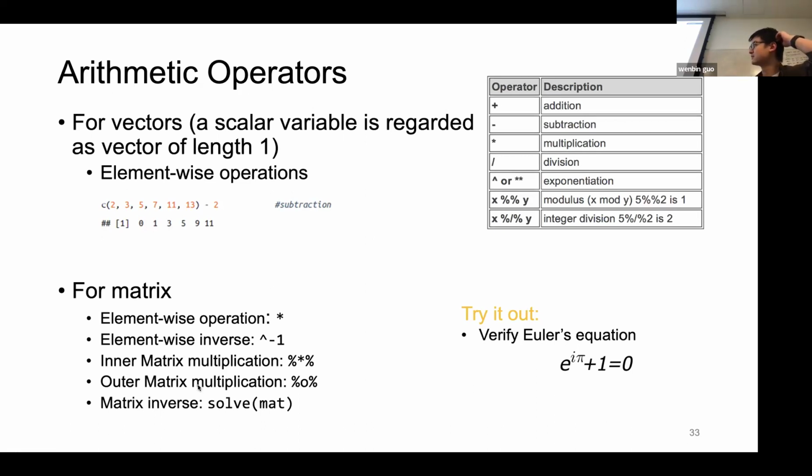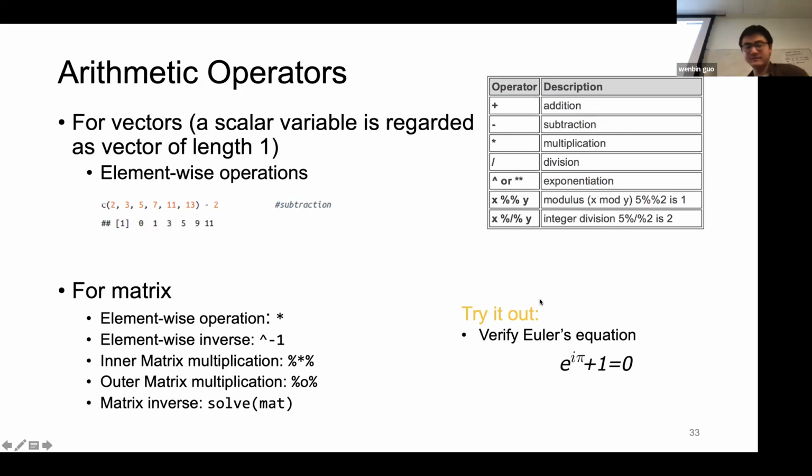So this will do the simple inner product multiplication for us. And if you want to do a matrix inverse, you need to consider the whole matrix as a whole component instead of just using the element-wise inverse. So the solve function will give you the inverse of the matrix.